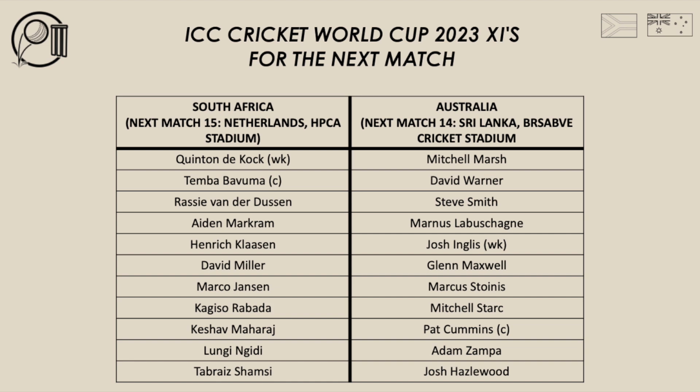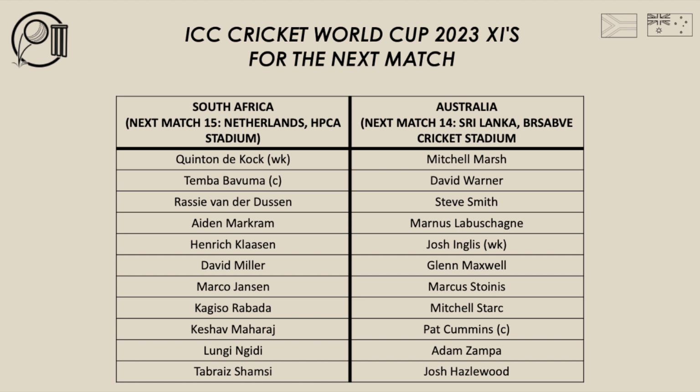So I know it's a different format in terms of one-day cricket and T20 cricket, but that's something for the Netherlands to be inspired by, and hopefully they can put in a good performance again. But you would think South Africa should get the job done there. In terms of the potential 11 that they may select, they'll probably keep the same 11. So De Kock, Bavuma, Van der Dussen, Markram, Klaassen, Miller, Janssen, Rabada, Maharaj, Ngidi and Shamsi. So that's South Africa. Let's talk about Australia.